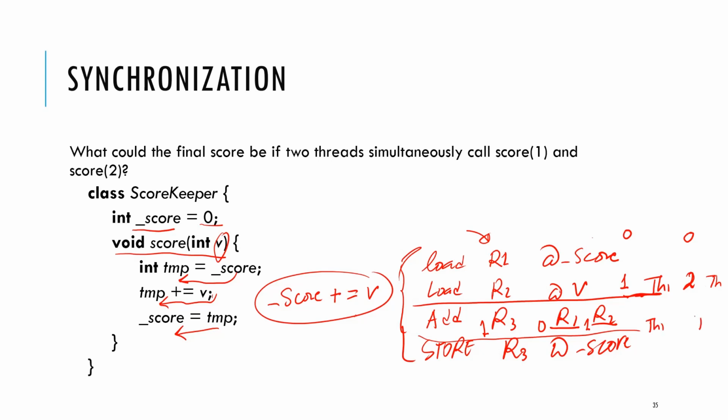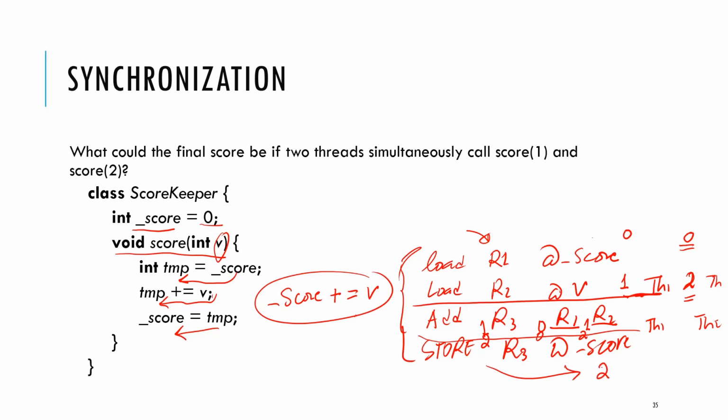If thread 2 is asked to execute at this moment, then don't forget that the original values of score and v were equal to 0 and 2. So here the summation would sum up 0 and 2 together. And imagine that thread 2 stores this value back in score. So we will find out that score is equal to 2 at that moment.